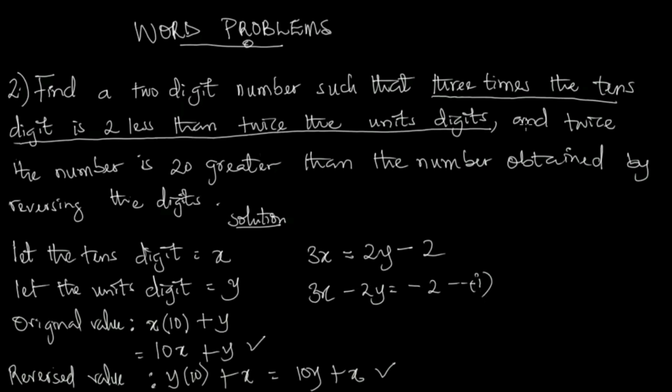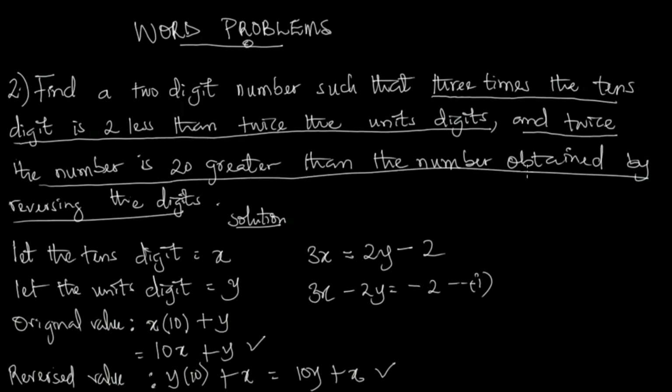And then the next line says twice the number is 20 greater than the number obtained by reversing the digits. So now we're going to interpret this line. Twice the number, that means twice the original value, so twice 10x plus y is 20 greater than the number obtained by reversing.